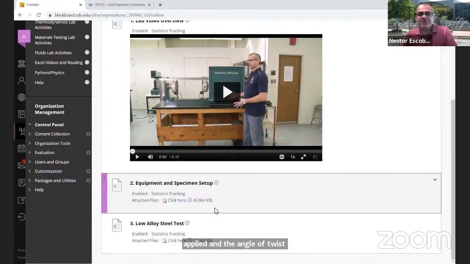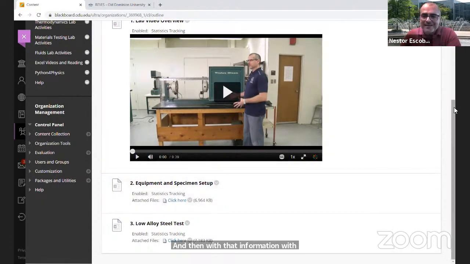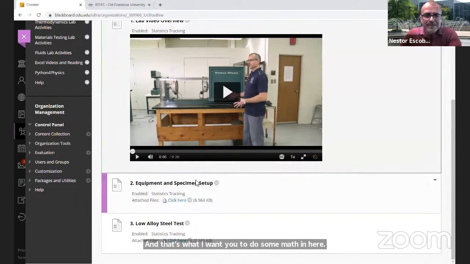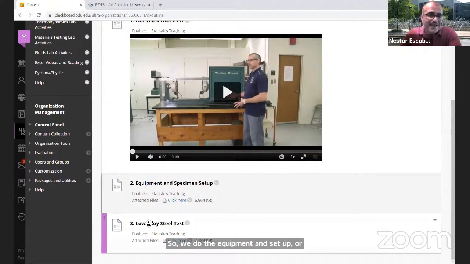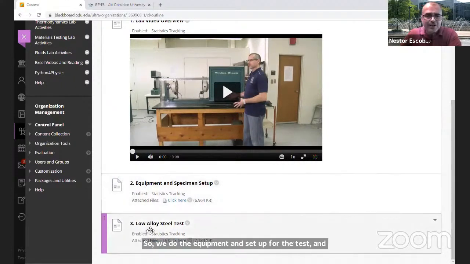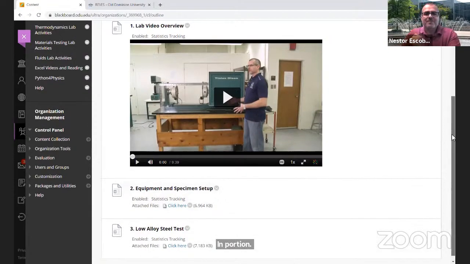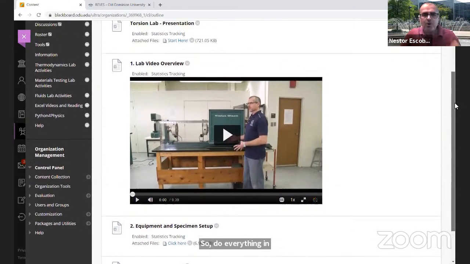And then with that information, we do other mathematical study. And that's what I want you to do, some math in here. So we do the equipment and setup for the test, and then we test low alloy steel in torsion. So do everything in numerical order.